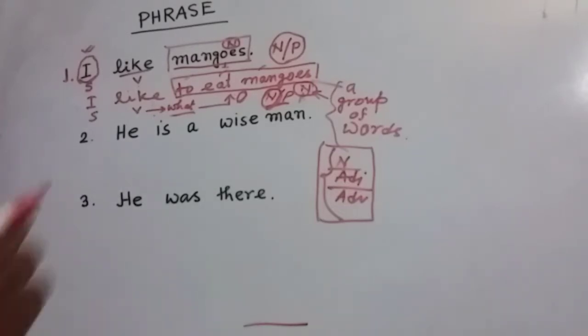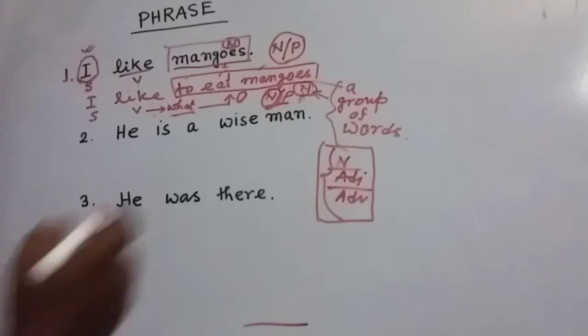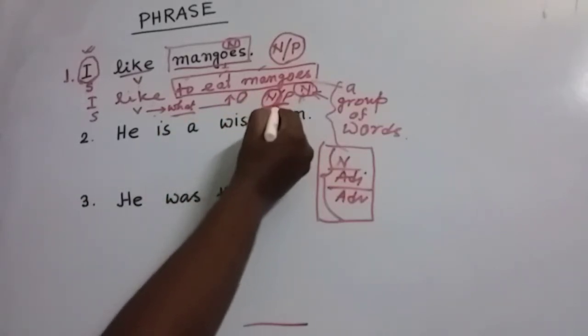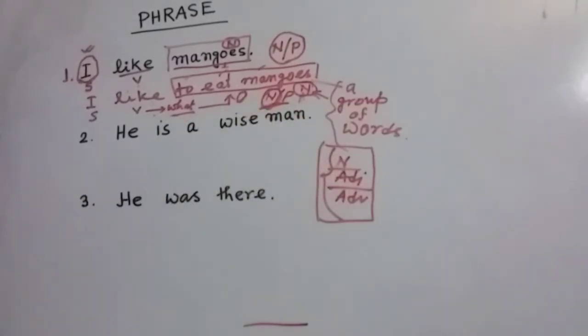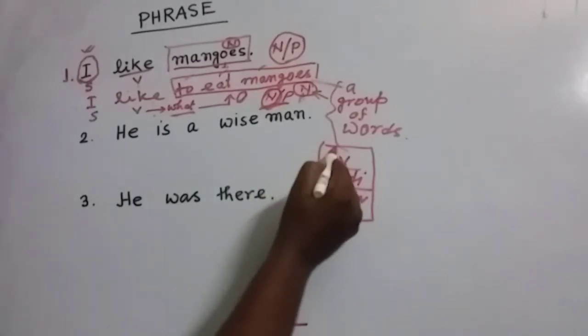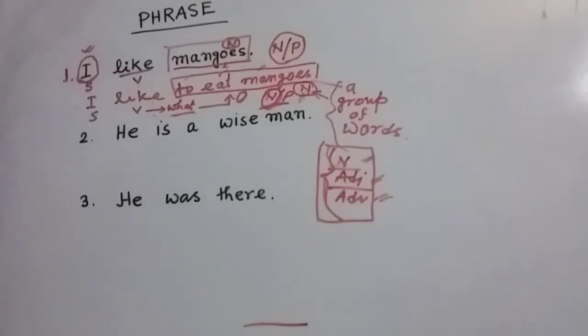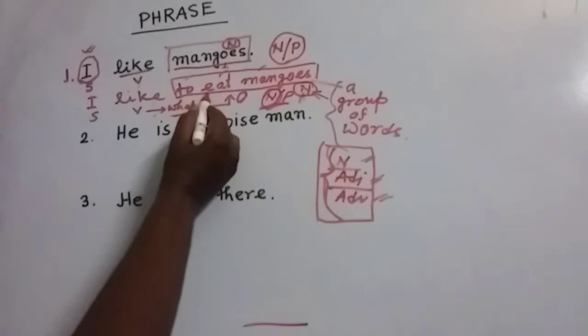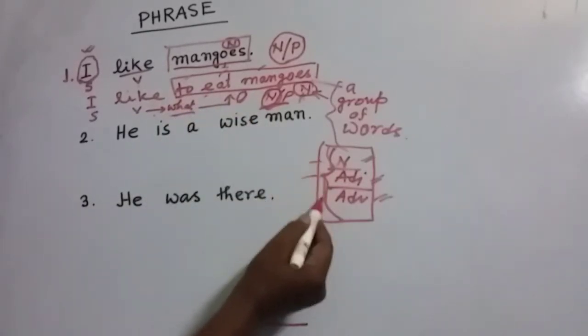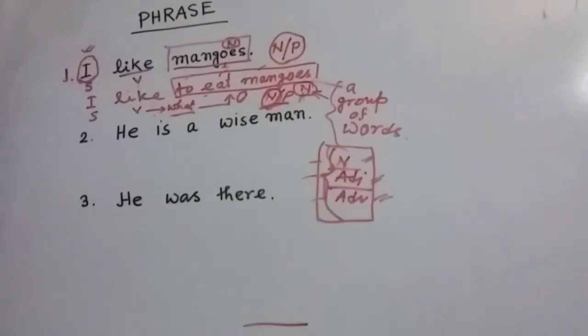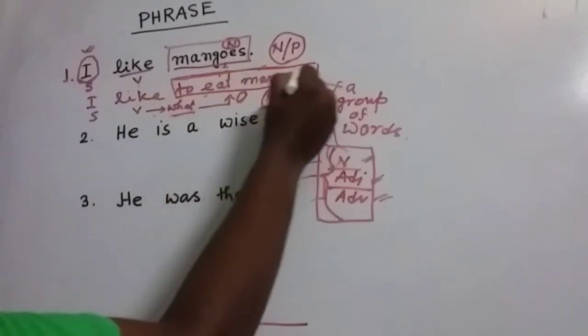So here, my dear friends, in this part you can see that we used a group of words as a noun. My dear friends, this is a phrase. Whenever this group of words acts like a noun, adjective, or adverb, at that time we call it a phrase.